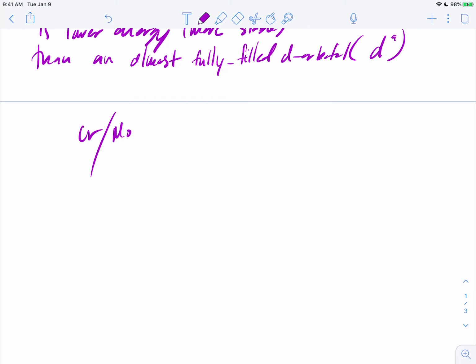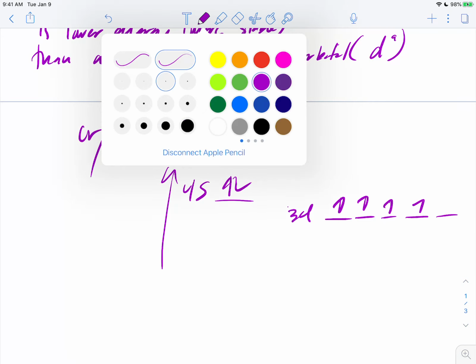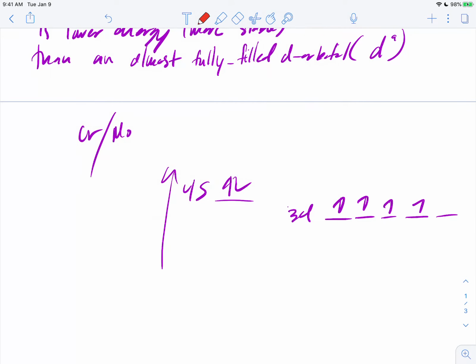Both of these, if we just draw out the last part of this diagram, have 4s with 2, and then 3d has 1, 2, 3, 4. Chromium, because we're talking about 3d, is going to be 3d4. So d4, kind of like d9, but now instead of being almost fully filled, we're almost half filled. And so we're going to do the same thing here, where this electron is going to get moved down.